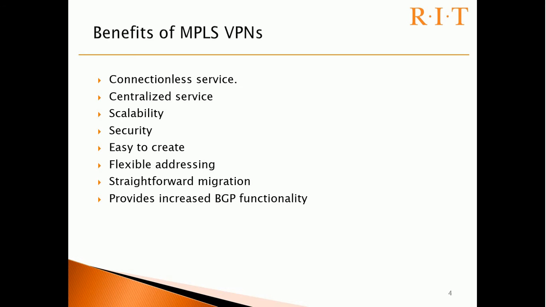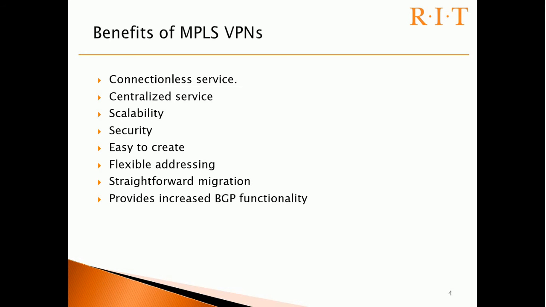We have already discussed a few advantages of MPLS VPNs, but here are a few more. The first advantage is that it is a connectionless service, and this can be used to establish connections between areas that are far apart, which reduces the cost of laying cables for connections.